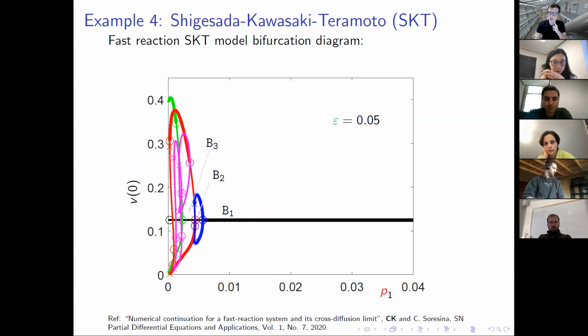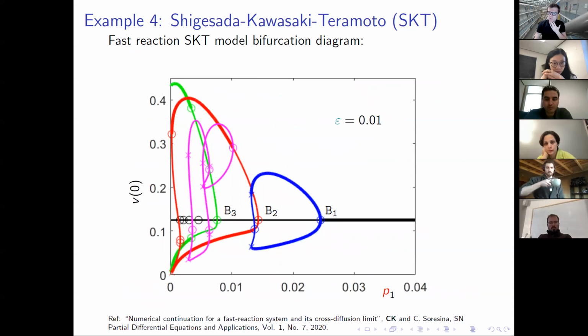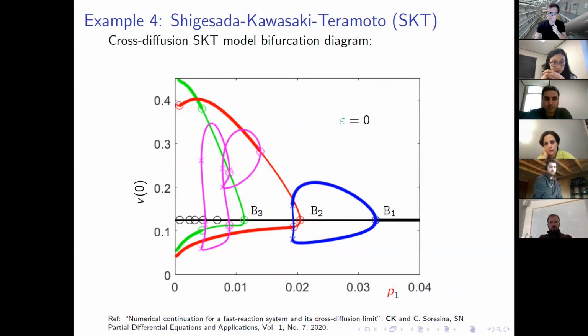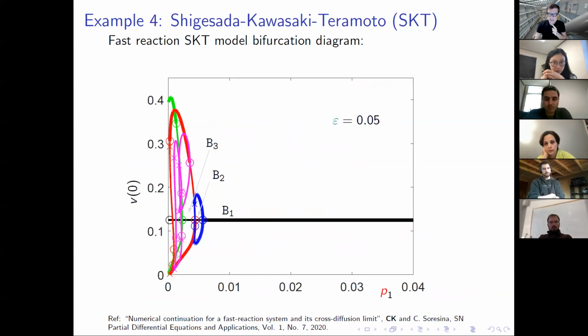And then we vary epsilon, 0.01, 0.001, and then 0. You see very nicely that this diagram now is understood, meaning, even if epsilon is quite small, there's quite a difference in the bifurcation diagram between the two models, at least quantitatively.